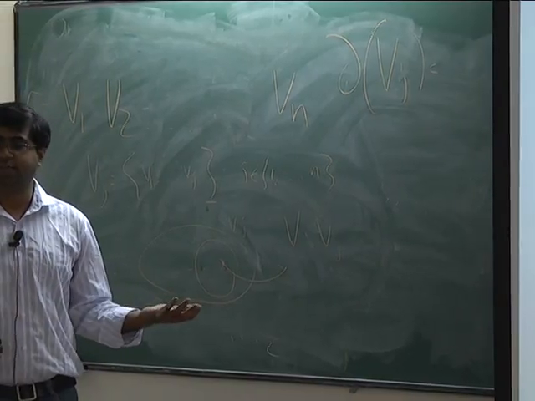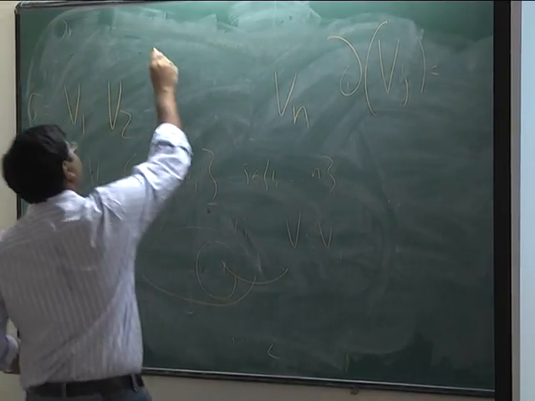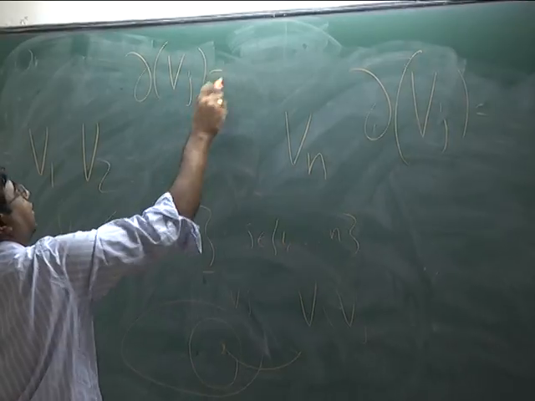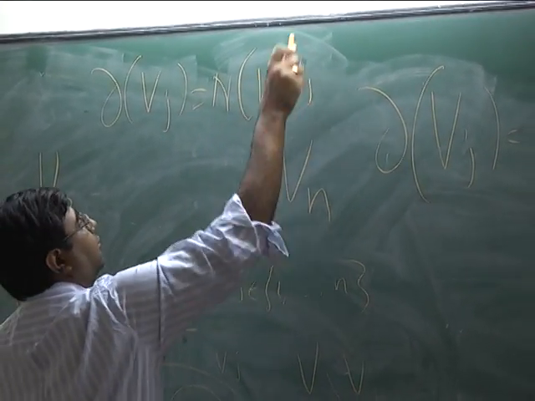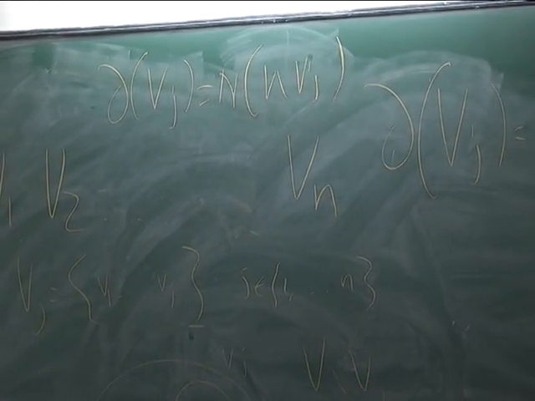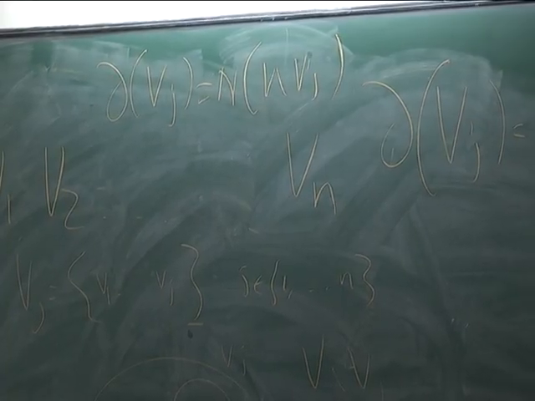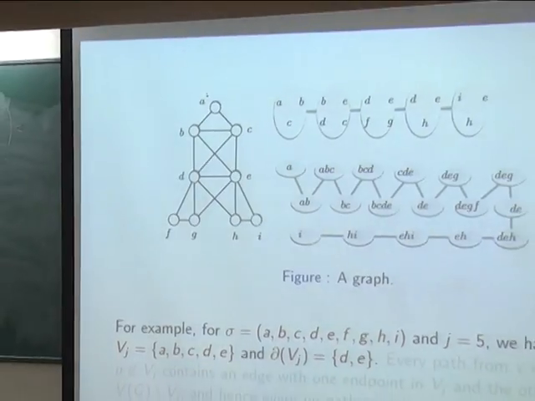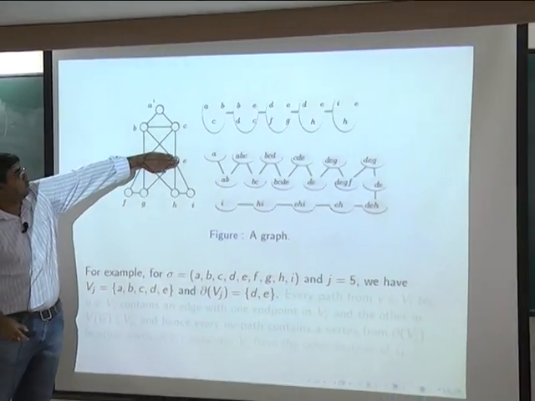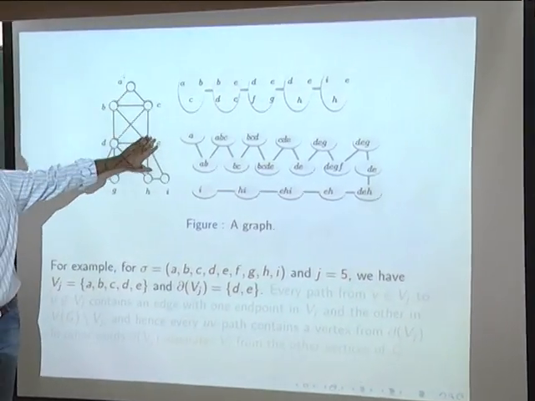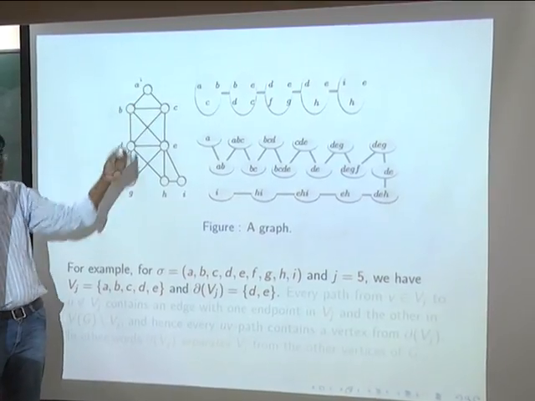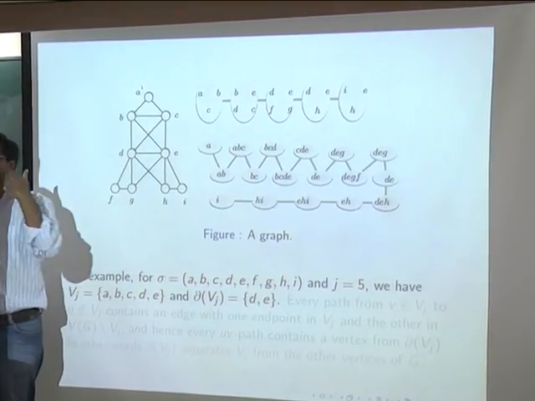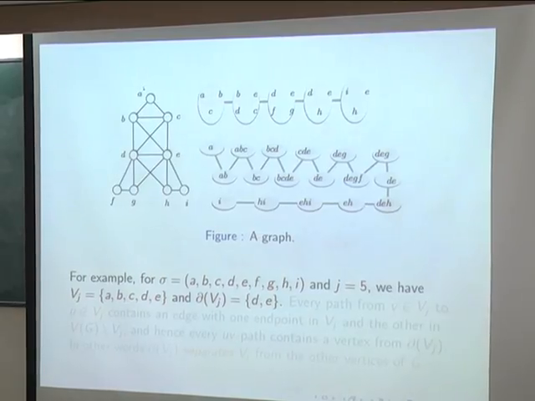Or if you do not like this, delta of V_j is nothing but N of V minus V_j, the neighborhood of the vertices which are outside. These are the boundary vertices. They are the people who are going to pass information from this part of the graph to the rest of the world. A, B, C is not seeing F, G, H, I, and that is the kind of property we would like to use. Why should it be equal?